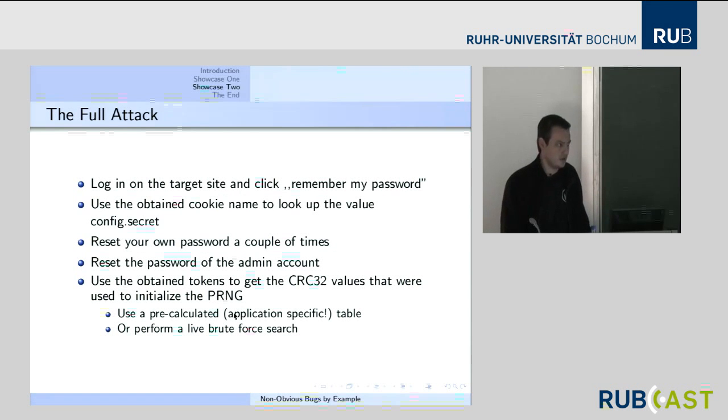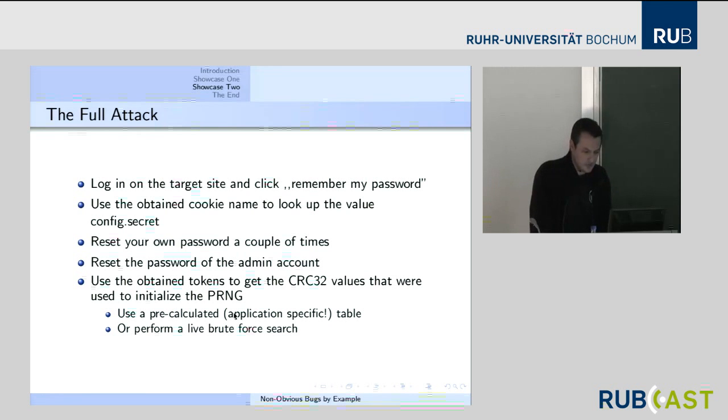So the full attack looks something like this. You log into the target website and click Remember My Password. You take the cookie, use it to look up the config.secret value in your tables, and then you reset your own password a couple of times. Grab your own. After you reset your password, you immediately reset the admin password within like 10 milliseconds.